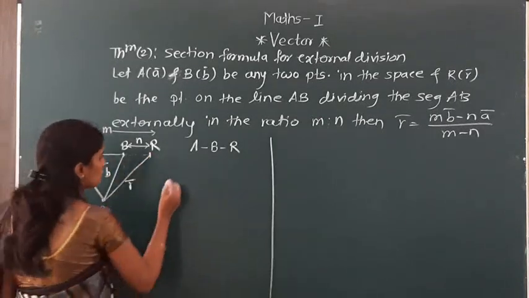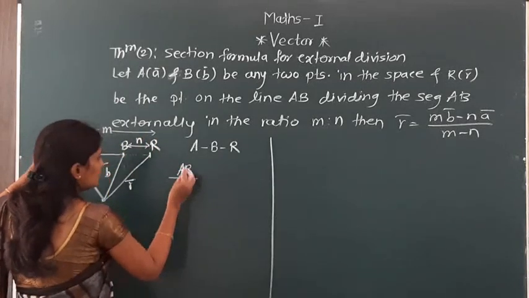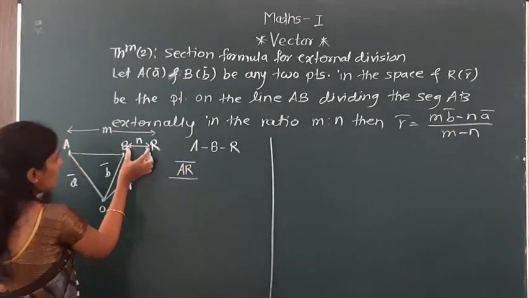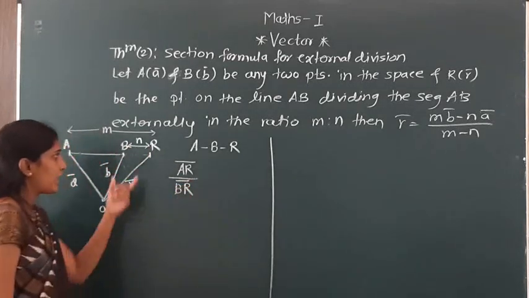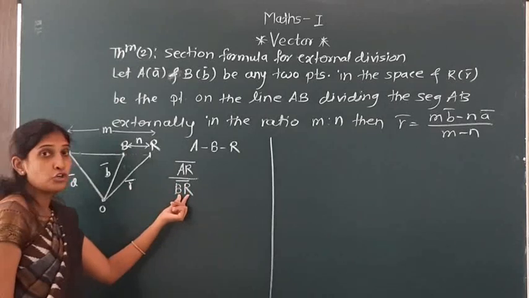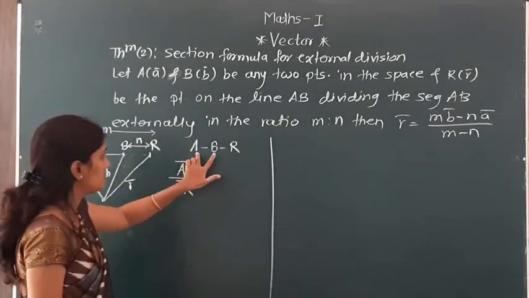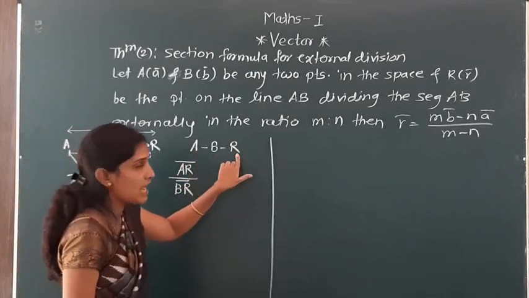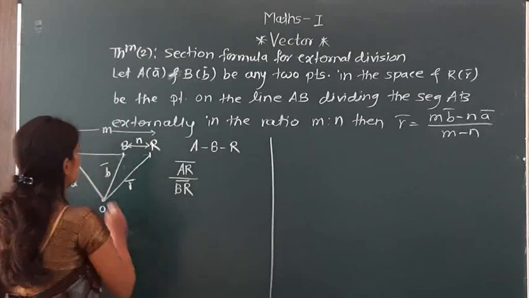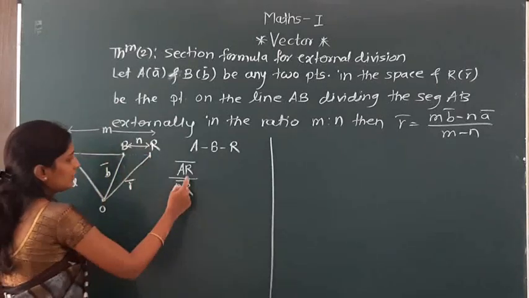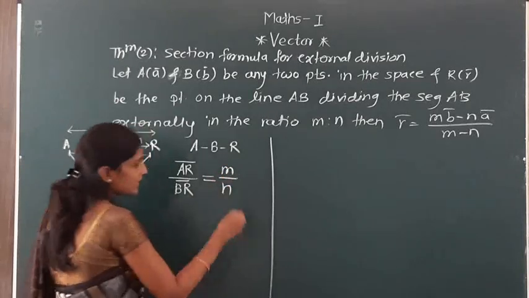Then by ratio, AR bar upon BR bar. We have to take here BR bar, not RB bar. Direction is important. Here we take A, B, R, so we take BR bar. That is, AR bar upon BR bar is equal to m by n.